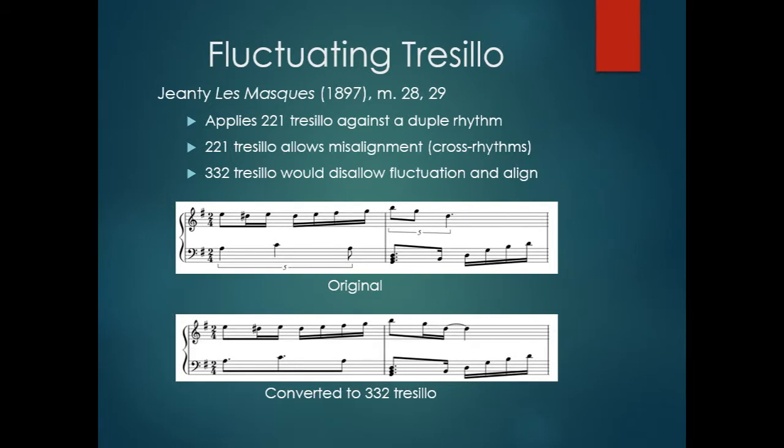So I believe that Gentil, using the 2-2-1 tresillo against a duple rhythm, allows cross rhythms with the misalignments.